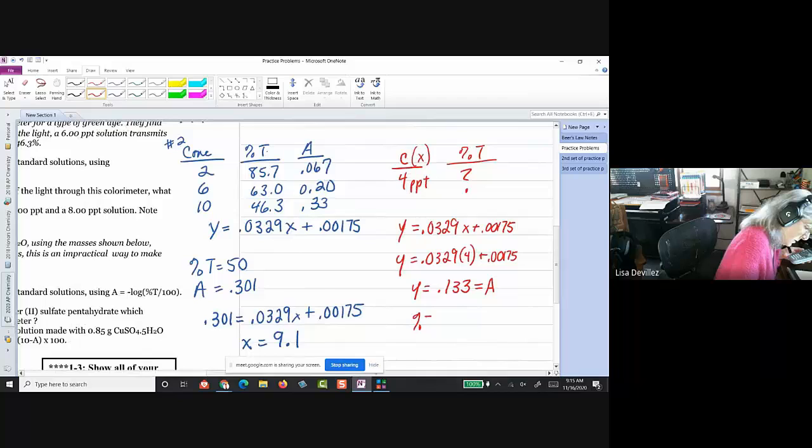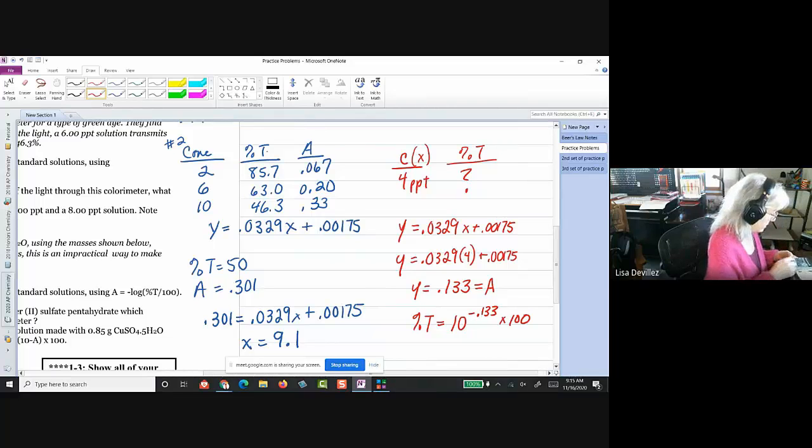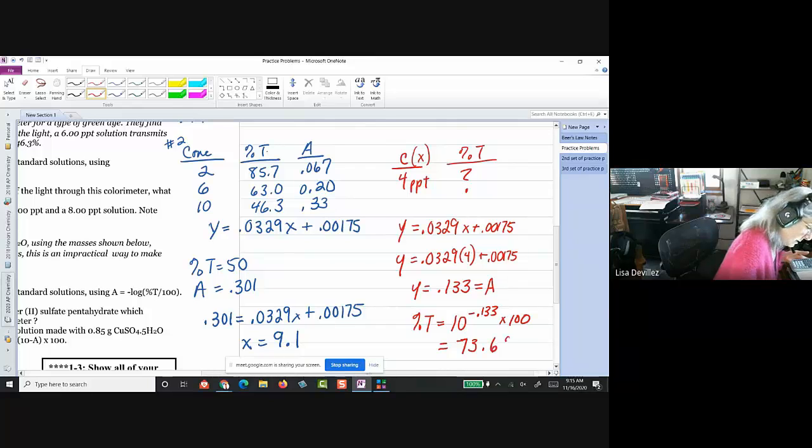My percent transmission is going to be 10 to the negative 0.133 times 100. So I do the inverse log of negative 0.133, times 100, and I'm getting 73.6.